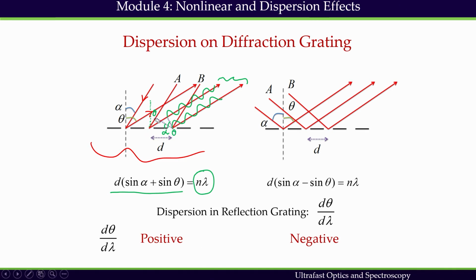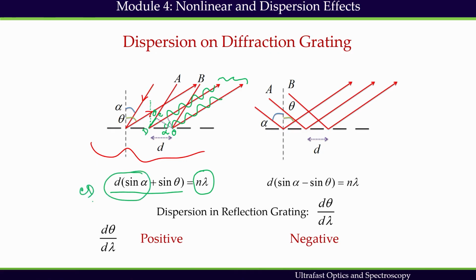So if these two angles are known, then we'll be able to find out what would be the extra distance, because this distance, let's say CD distance, this CD distance is nothing but d sine alpha.